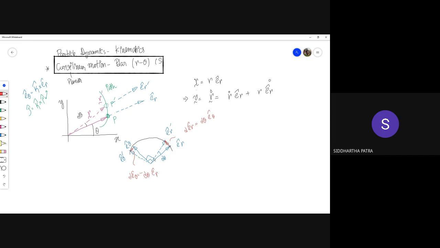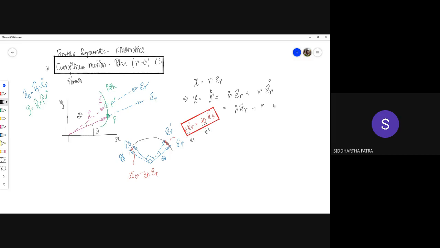That is also there, but we don't need it right now. We only need this expression, which tells us that the velocity is r dot er plus r d er. Now if you divide either side by dt, then you have these quantities.